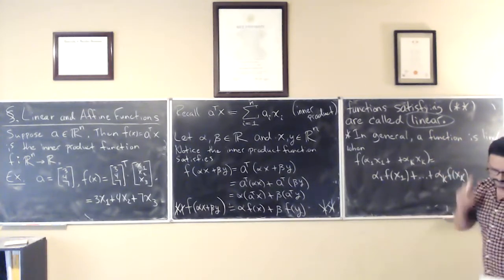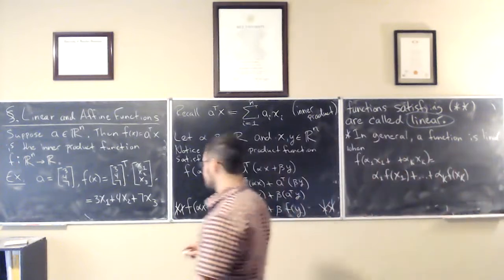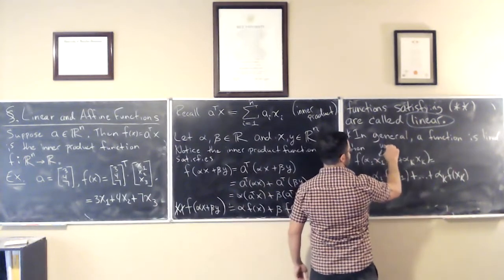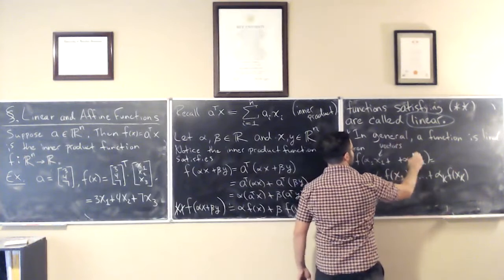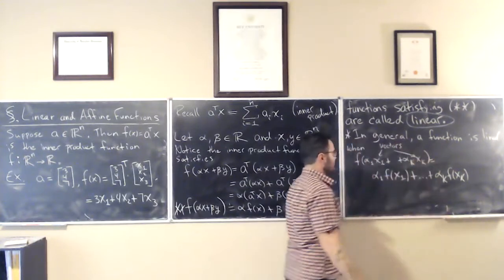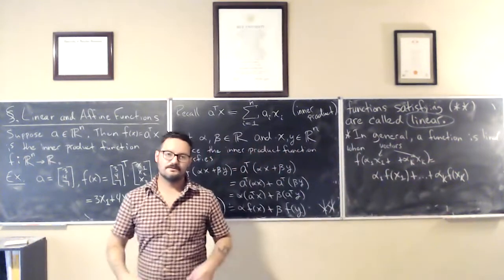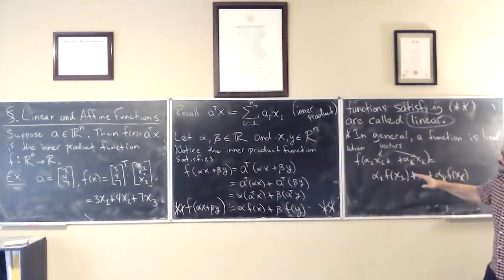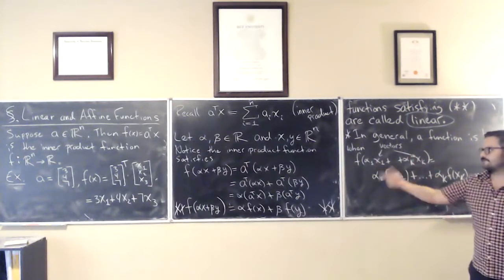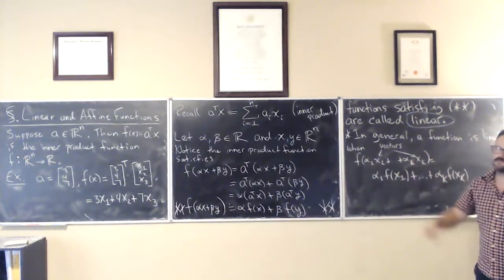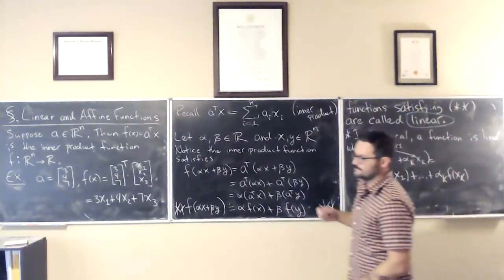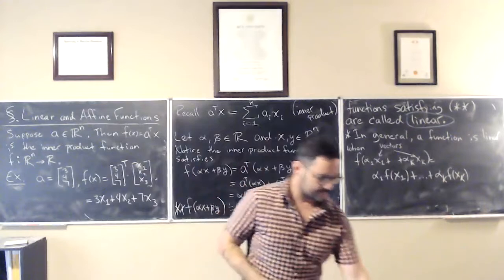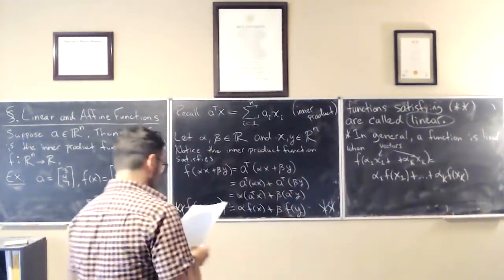Now, this is where notation is messy because these x's are vectors, they're not components. Please don't get that confused. Those are vectors and not the components of a vector. So if you have a collection of k vectors, a function is linear if this happens for any scalars alpha 1, alpha 2, dot dot dot, alpha k.